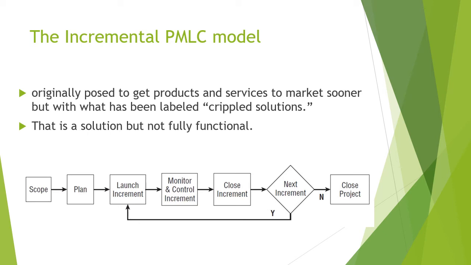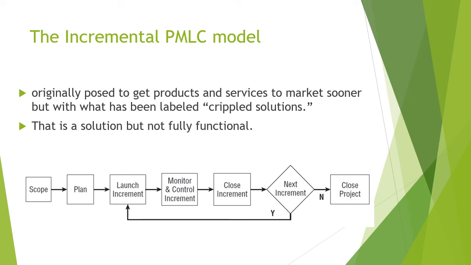And after doing the first increment, we will close this increment, and we will decide, are we going to have another increment, or is that all we want to do? If we need another increment, we'll go back to the launch phase and redo what we did before in a different format. After having repeated increments, we will have the final project and we will close the project.